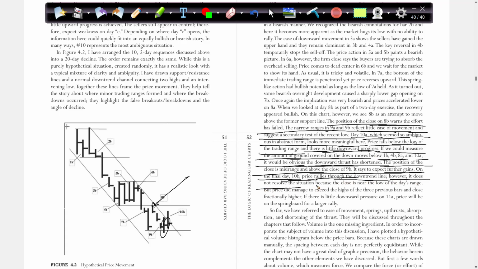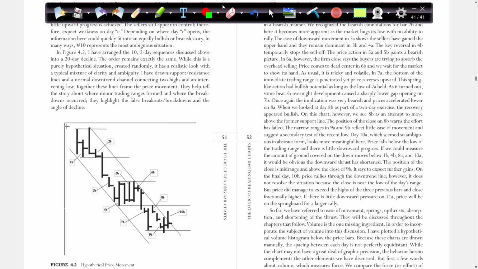However, it does not resolve the situation because the close is near the low of the day's range, but price did manage to exceed the highs of the three previous bars and close fractionally higher. If there is little downward pressure on 11A, price will be on the springboard for a larger rally.